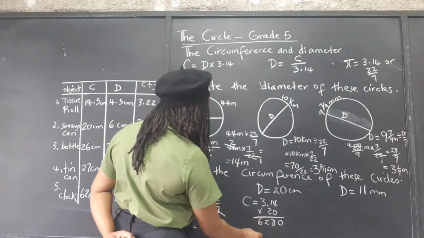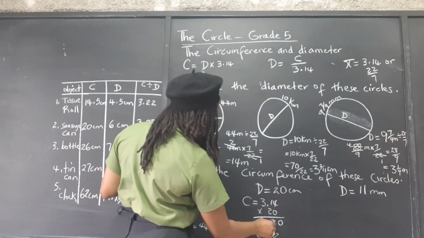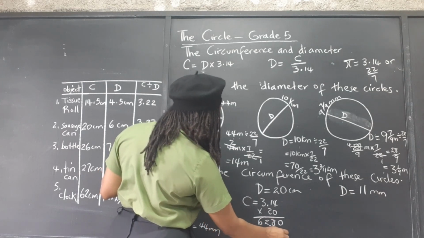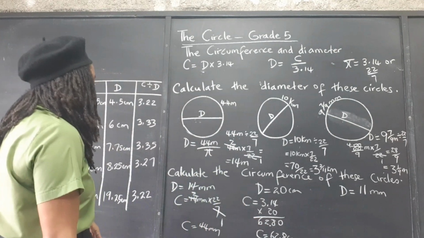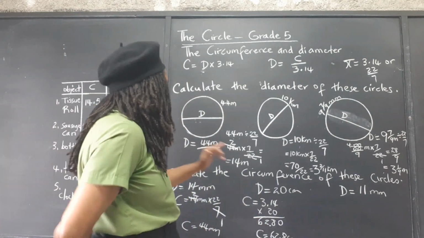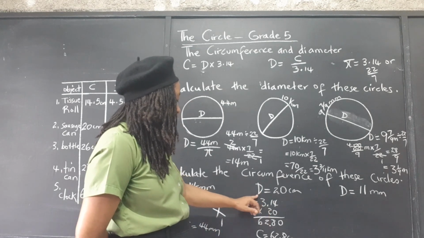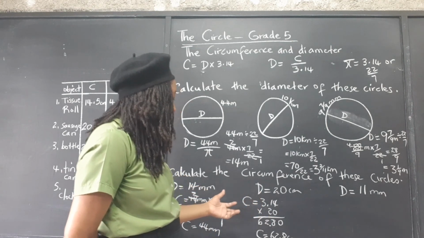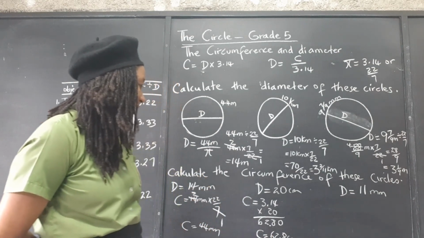So that would be 62, put in our decimal point, 62.8 centimeters. So if the diameter is 20, then the circumference is 20 times pi, using pi as 3.14. So the circumference would be 62.8 centimeters.